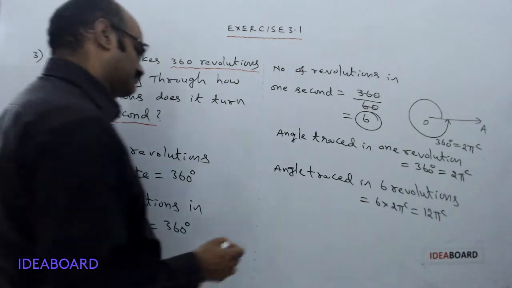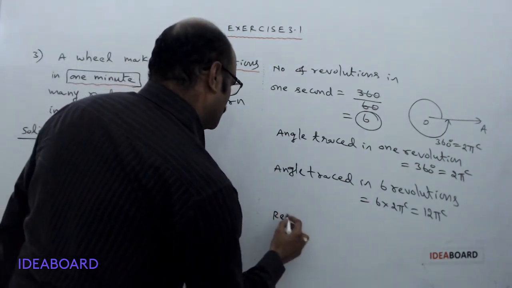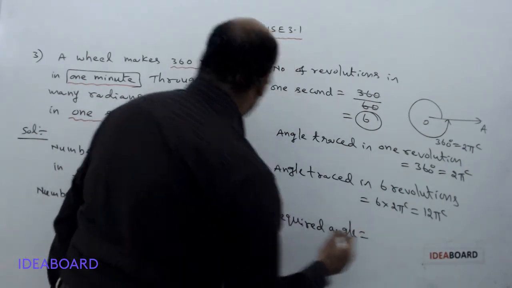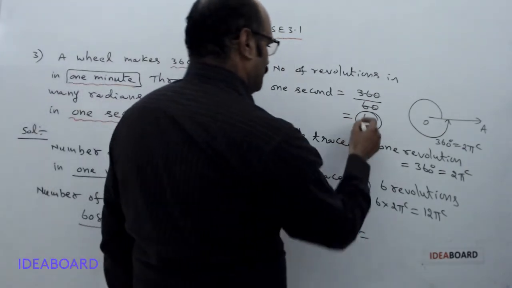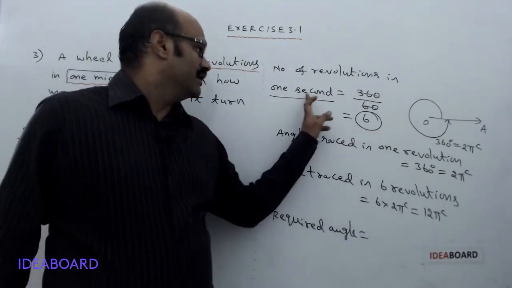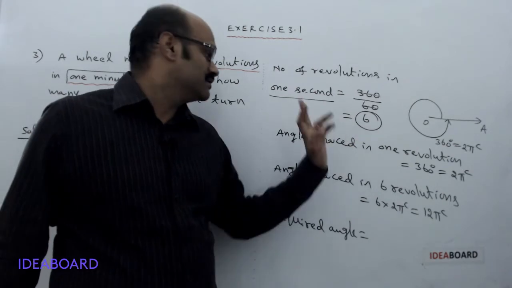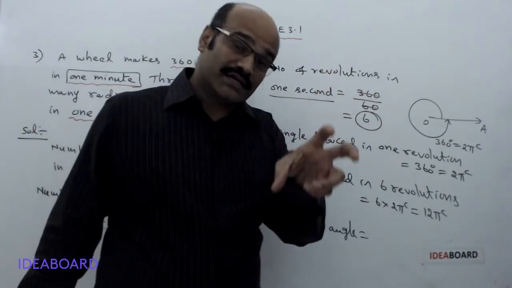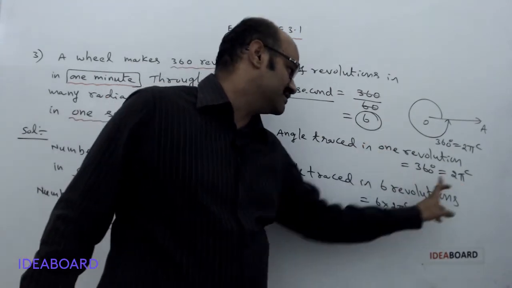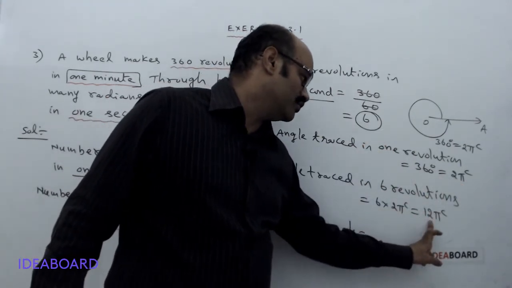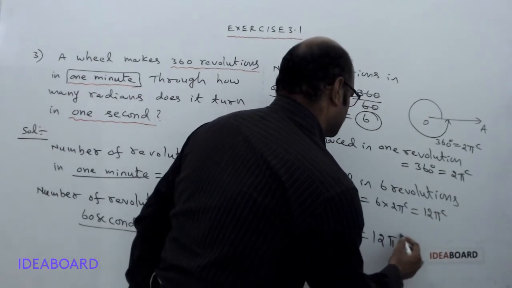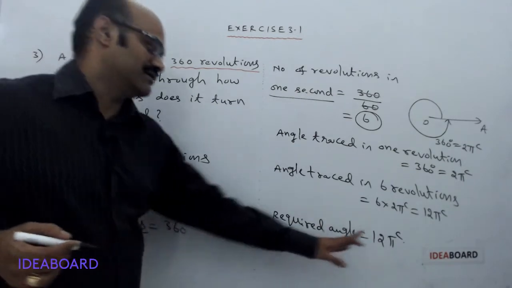Therefore, required angle: in 1 second we have 6 revolutions. Now for 1 revolution we are having 2 pi radians. So for 6 revolutions we are having 6 into 2 pi equal to 12 pi radians. So the answer is 12 pi radians. This is the required answer.